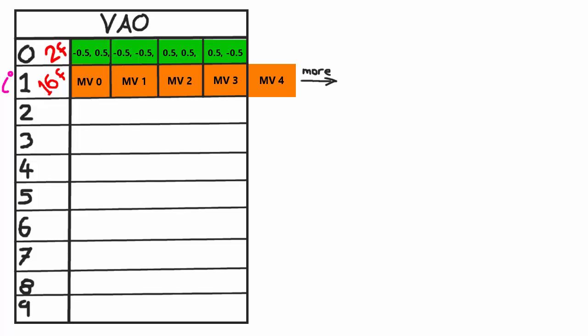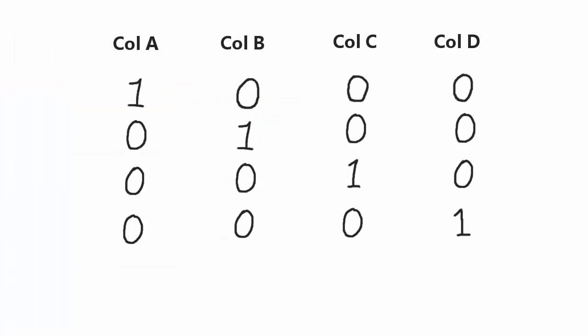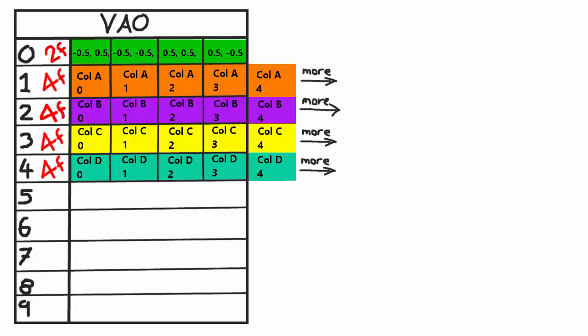Unfortunately though, the largest size that each bit of data in a VAO attribute list can be is 4 floats, so the 16 float matrices are actually going to have to be split over multiple attributes. So we'll split the 4x4 matrix into its 4 columns, and we're going to store 1 column in each of attributes 1, 2, 3 and 4 in the VAO. And of course we also need to indicate that each of these is a per instance attribute.